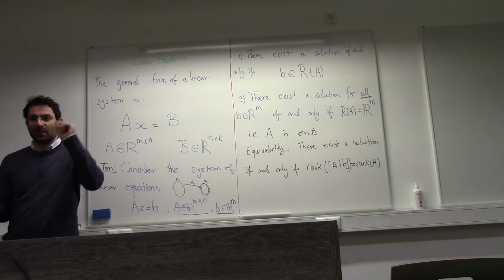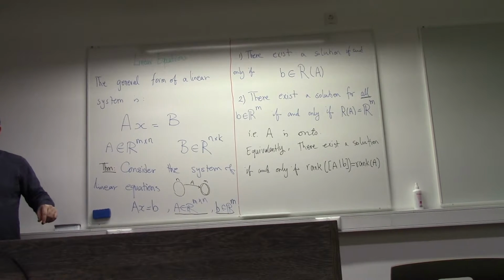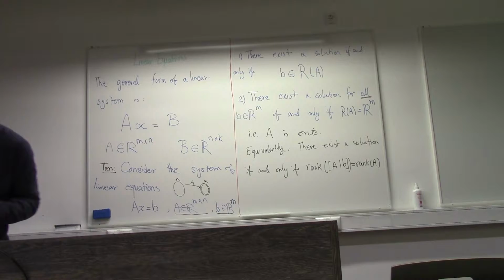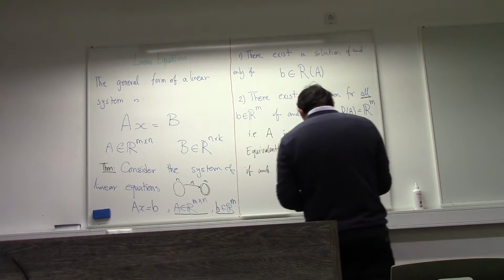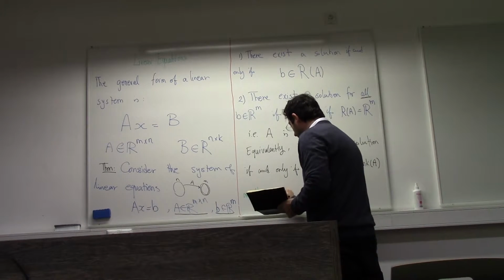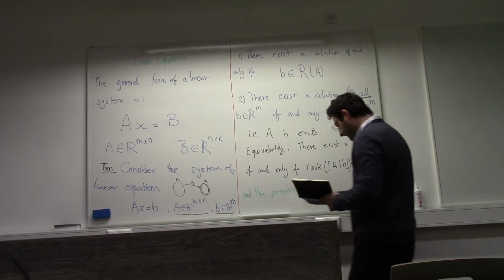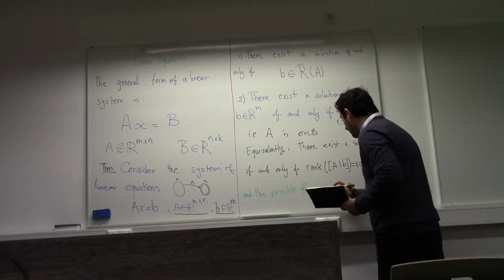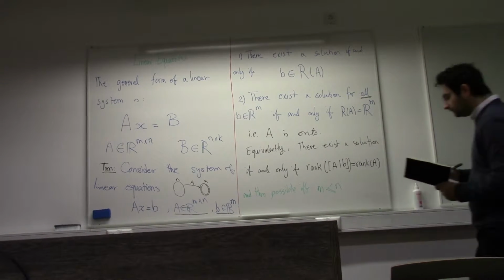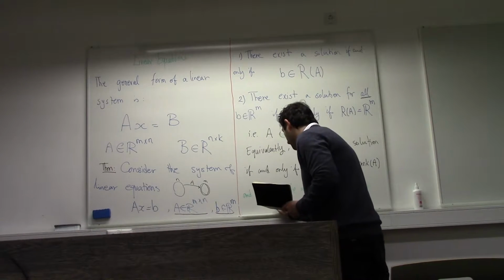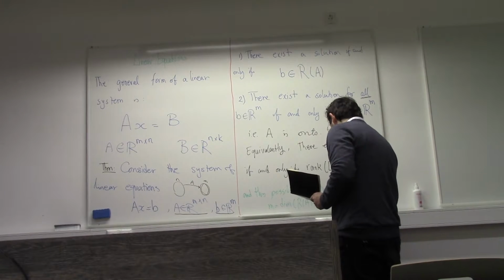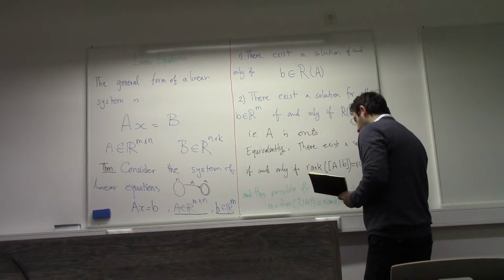Then we have a solution, and we have values for x1, x2 till xm, and this x tells us the coefficients of linearly combining the columns in order to get B. And this is possible if and only if we can say that m is less than or equal to n, since m, which is the dimensionality of R(A), which is the rank of A, should be less than or equal to the minimum of m and n.